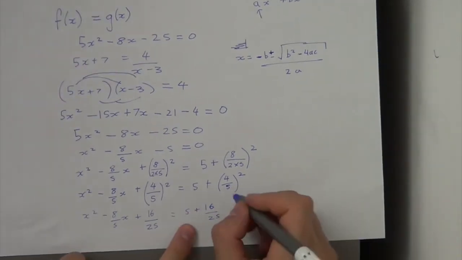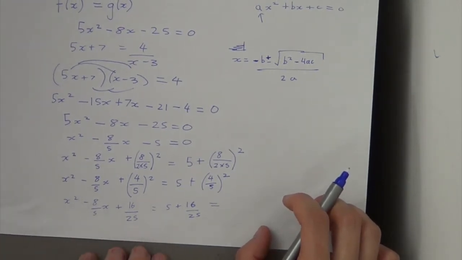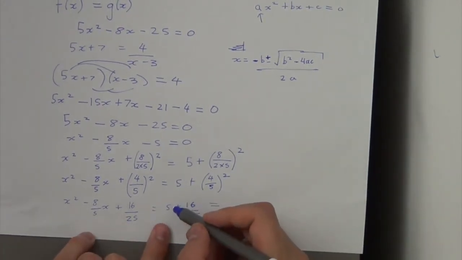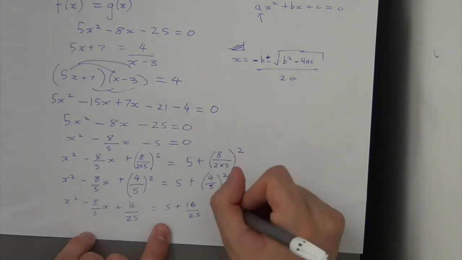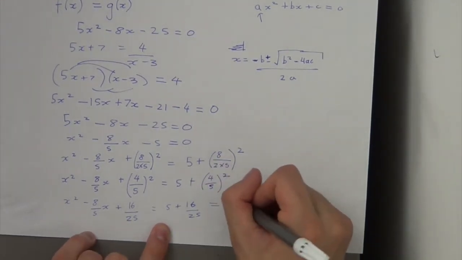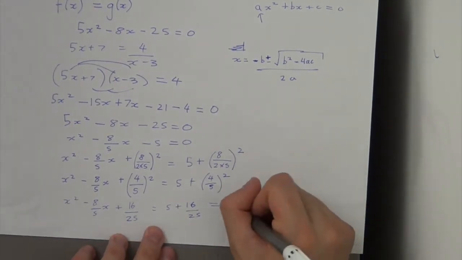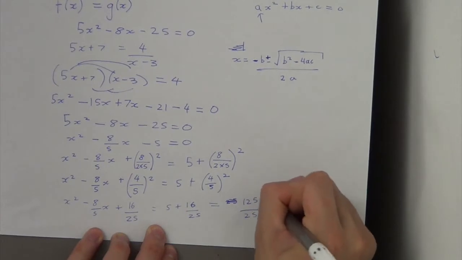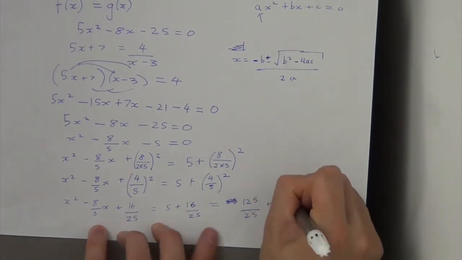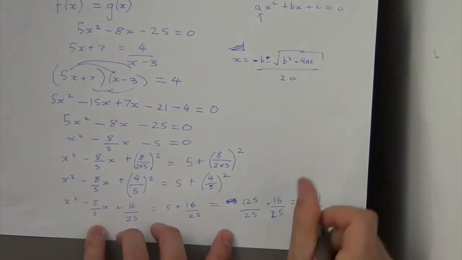I'm going to add these two together. I need to make the denominator the same, so I'm going to times 25 top and bottom on this one. So this becomes 125 over 25 plus 16 over 25 equals 141 over 25.